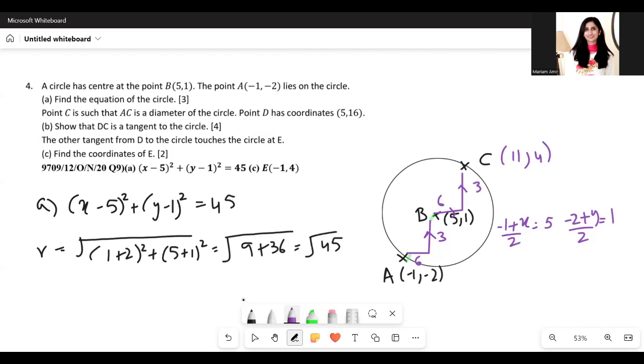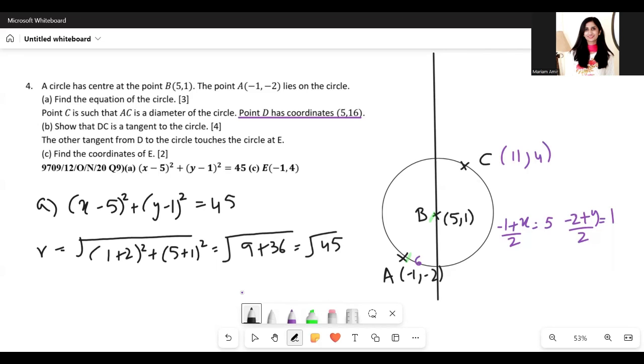It says that there's another point D, which has coordinates (5, 16). Since the coordinates are (5, 16), this is very important because this x is also 5. So that has to be vertically aligned with point B. So D would be somewhere on this line because its x is also 5.